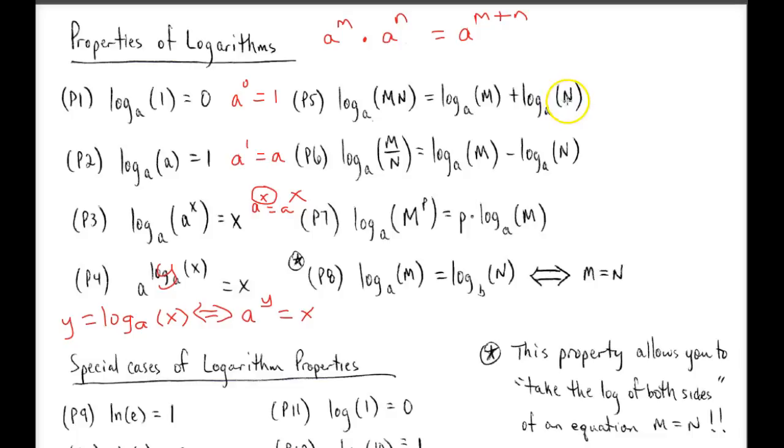Log base a of n is also an exponent. So here you see we're adding exponents, and here you're seeing that we're multiplying. Again, this just means we're taking the exponential rule that we see here and translating it into logarithmic form.